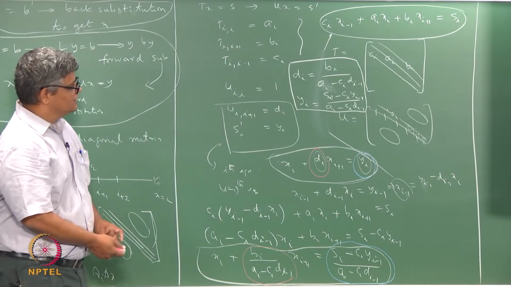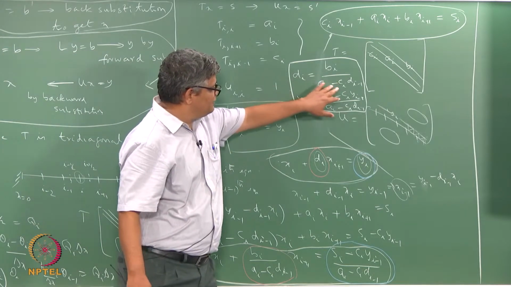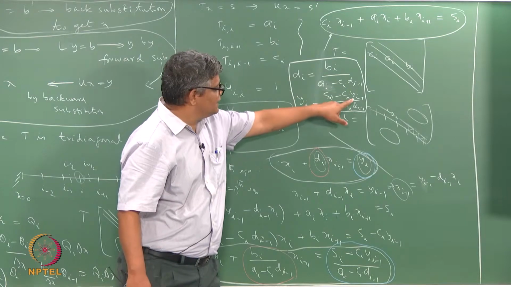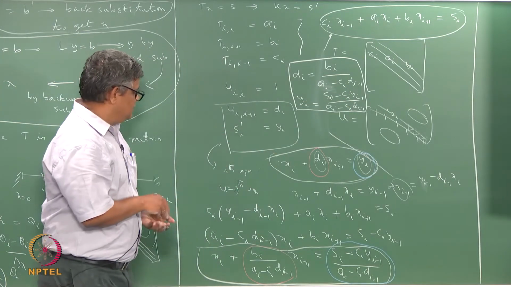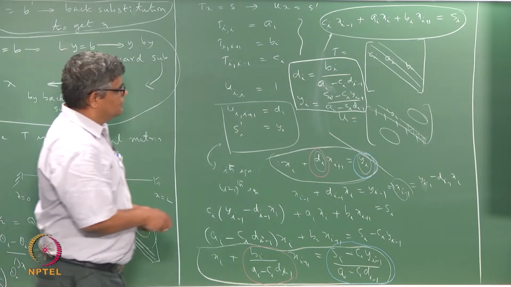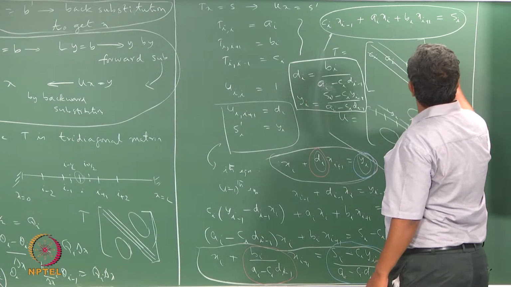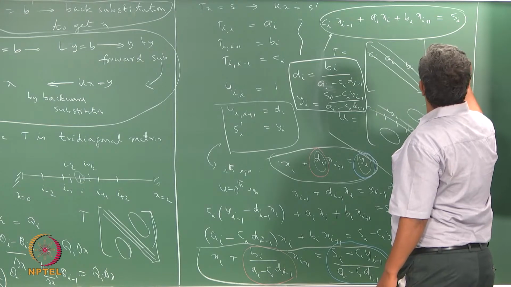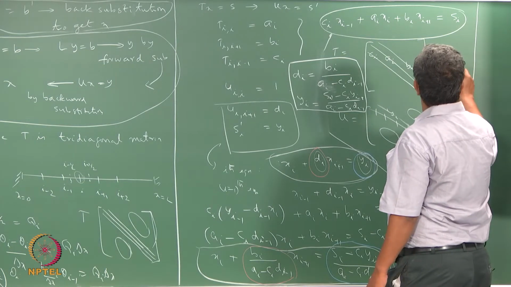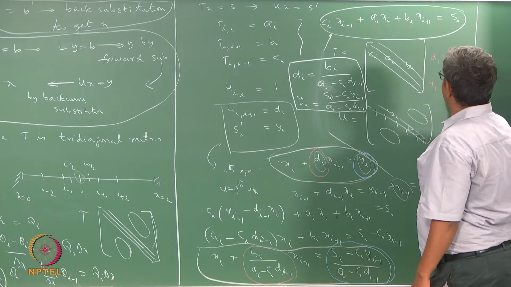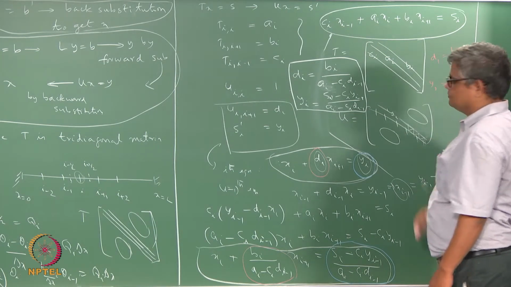Okay, so that means that we already know ai, bi, ci everywhere and si. We do not know di minus 1 and yi minus 1, but we can say that d1 is b1 by a1, and y1 is s1 by a1.